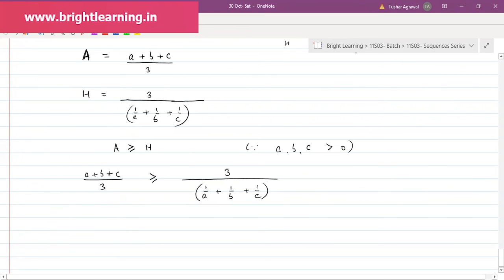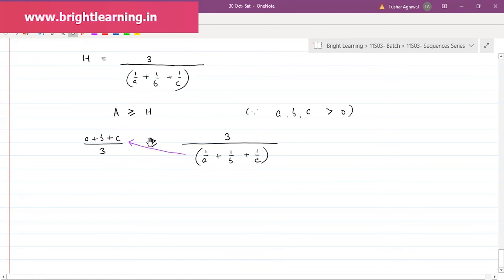So just multiply it. But while multiplying with a variable, you have to be cautious whether or not to change the inequality sign. The inequality sign will not change, it will remain as it is, because the variable with which you are multiplying is a positive number. Yes or no?